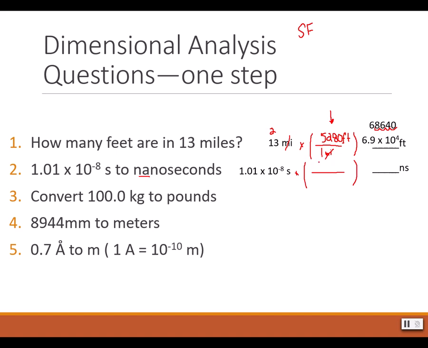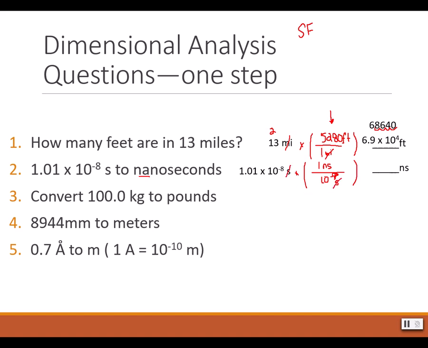And so I see that in 1 nanosecond, there is 10 to the negative 9 seconds. My second units cancel.